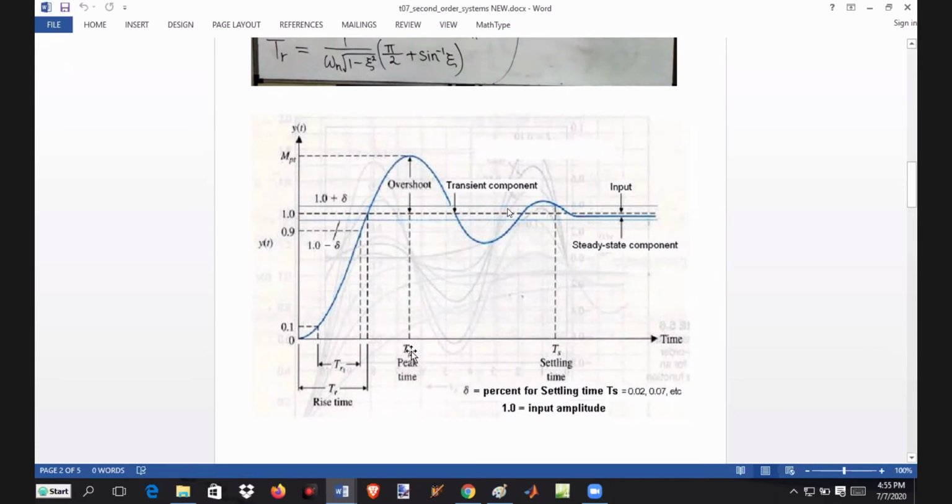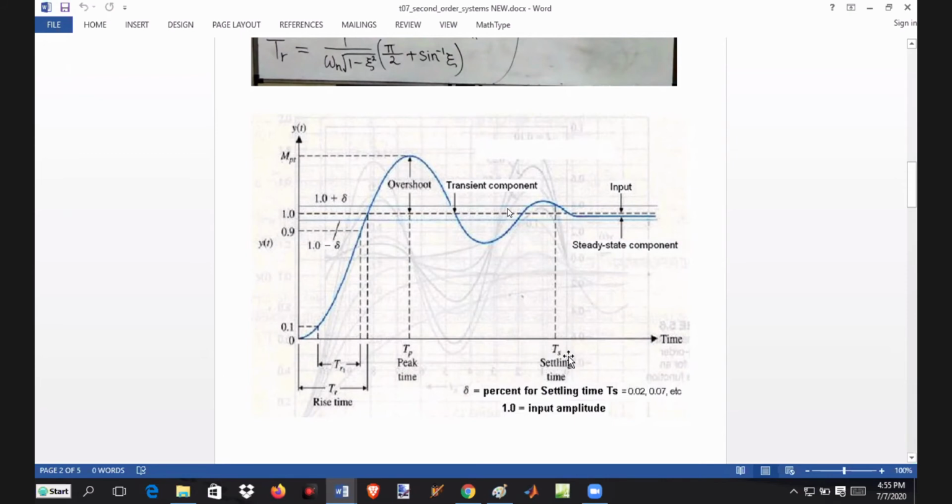Peak time is the overshoot here. TP is the peak time, touching the top. Then the settling time. You have to see the percentage. 1.0 plus delta. It can be 1.2%, 1.3%, 1.5%. That is settling time. You cut here. They will mention it for you.